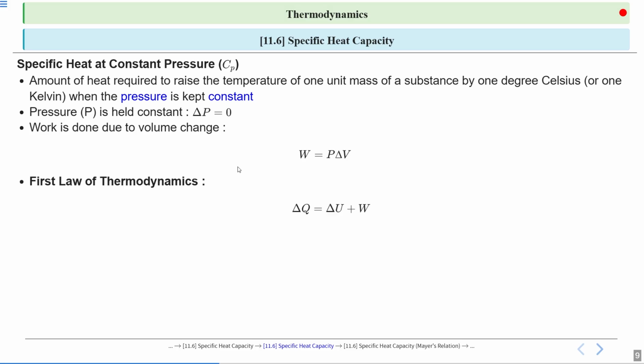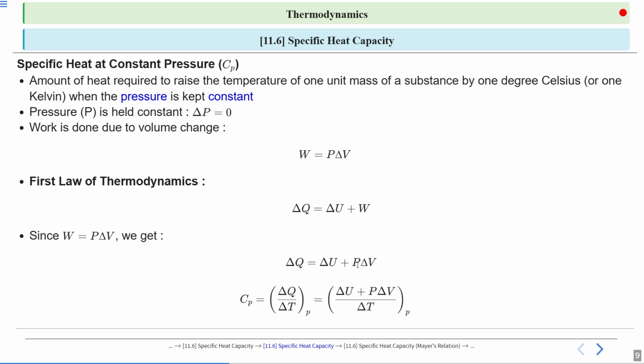Using the first law of thermodynamics, delta Q is equal to delta U plus work done. Since work done is equal to P into delta V, put the value of work done in the expression of the first law of thermodynamics. We will get delta Q is equal to delta U plus P dV.